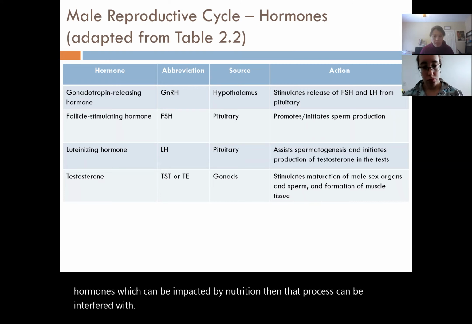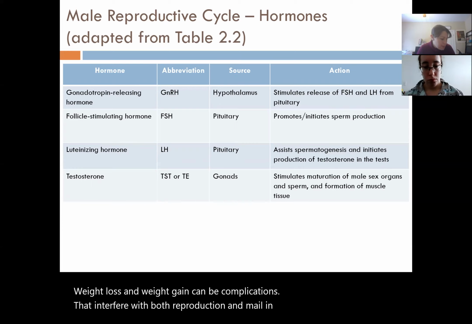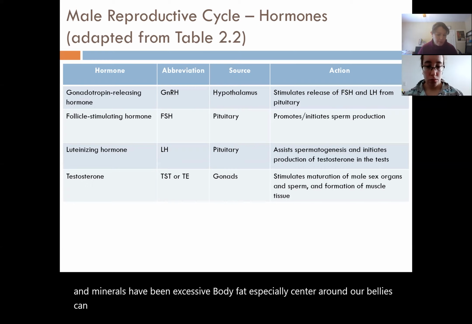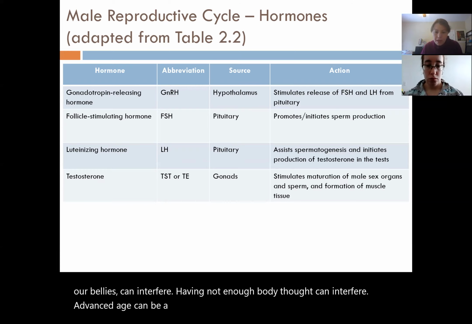Weight loss and weight gain can be complications that interfere with reproduction in both men and women. Inadequate vitamins and minerals, having excessive body fat, especially around our bellies, can interfere. Having not enough body fat can interfere. Advanced age can be a risk factor too for both men and women.